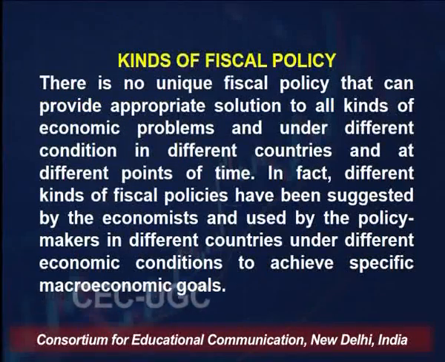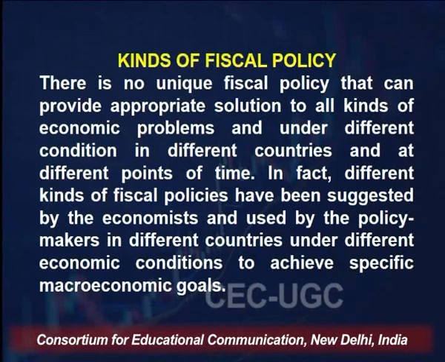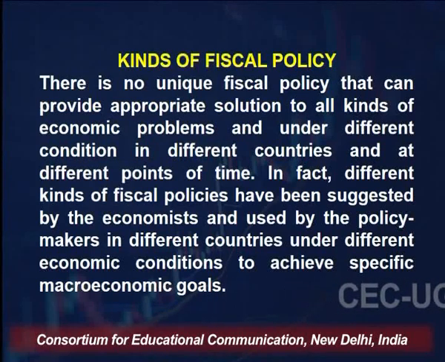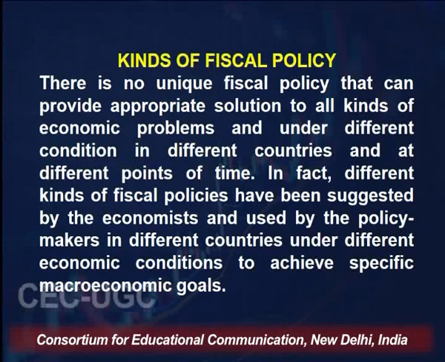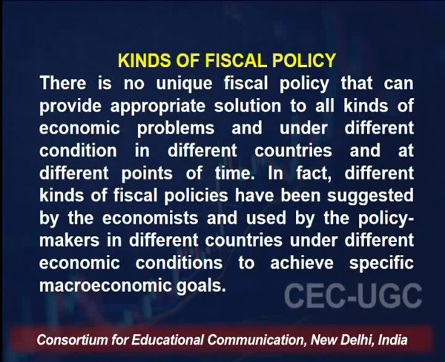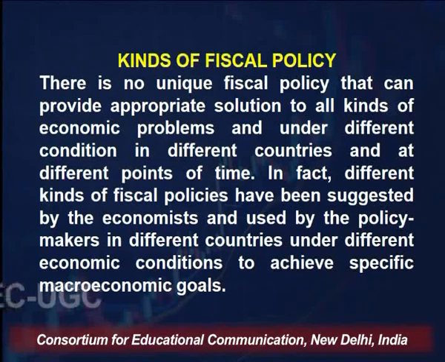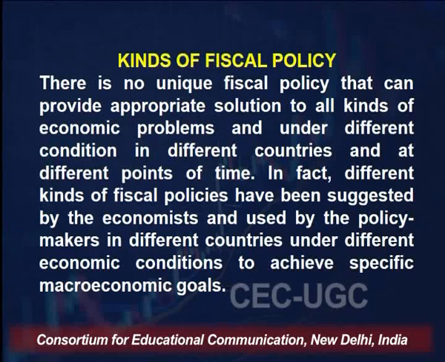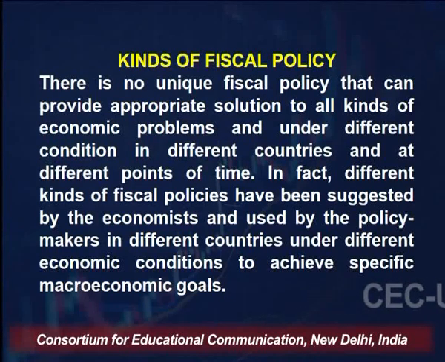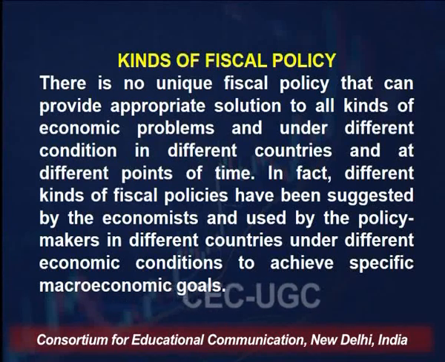Now if we talk about different kinds of fiscal policy, there is no unique fiscal policy that can provide an appropriate solution to all kinds of economic problems, under different conditions in different countries and at different points of time. In fact, different kinds of fiscal policies have been suggested by economists and used by policy makers in different countries under different economic conditions to achieve their macroeconomic targets.